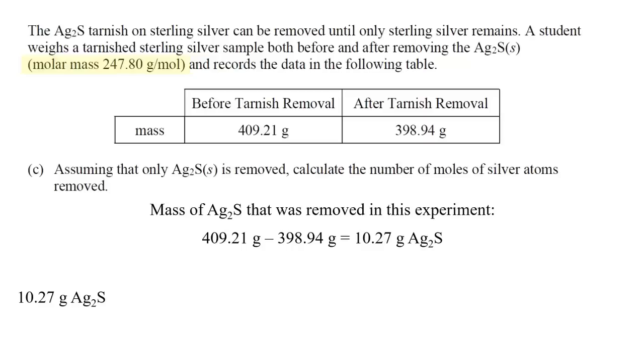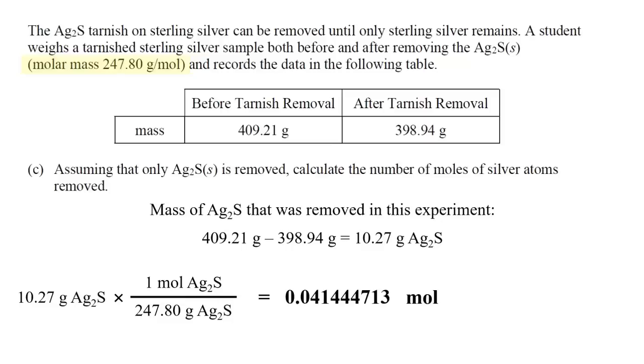It's going to be 247.80 grams of silver sulfide for every 1 mole. So moles on top, grams on the bottom, and now we have our conversion factor, which tells us we're going to take 10.27 grams and divide by the molar mass. So dividing by 247.80, and then we get this particular unrounded answer on our calculator.